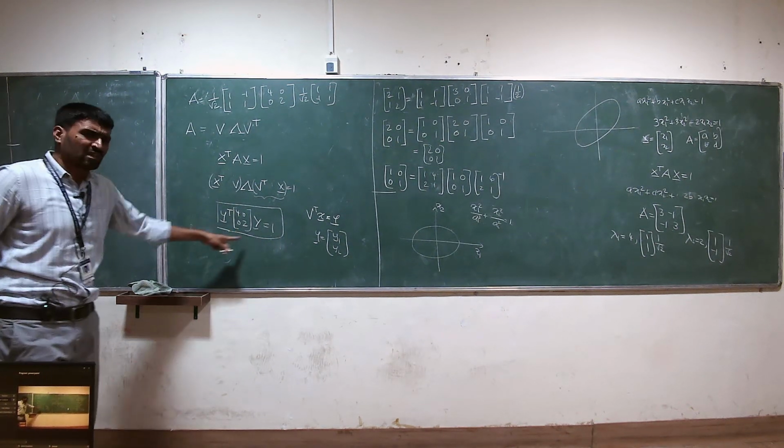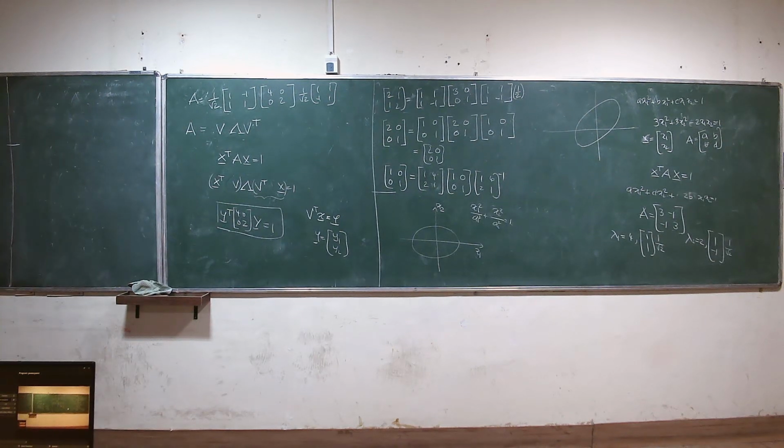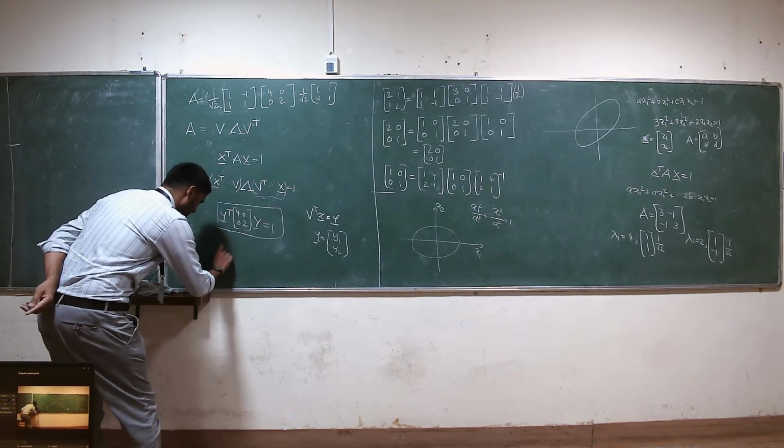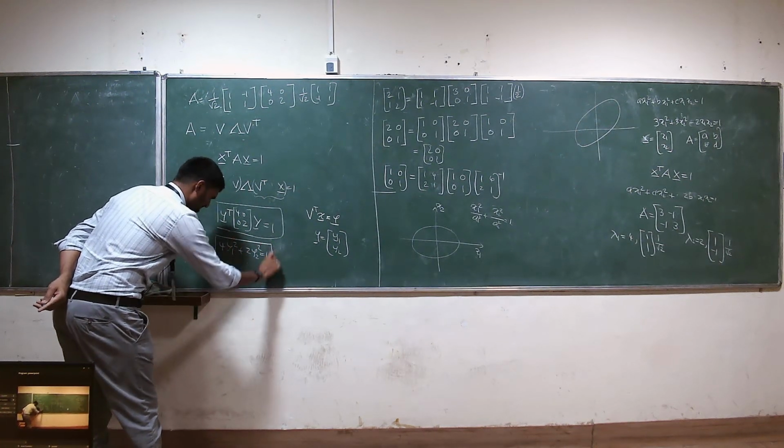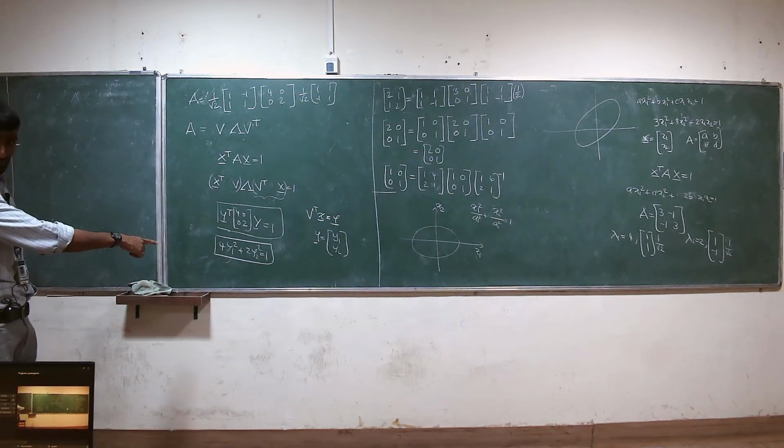What is the equation that you get if you multiply this out? Okay. This is an equation for an ellipse.